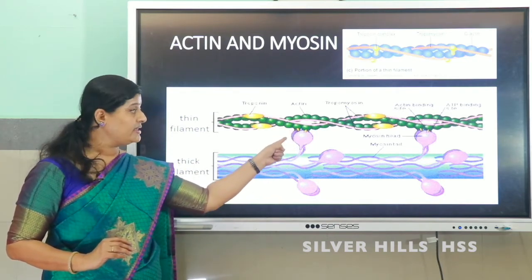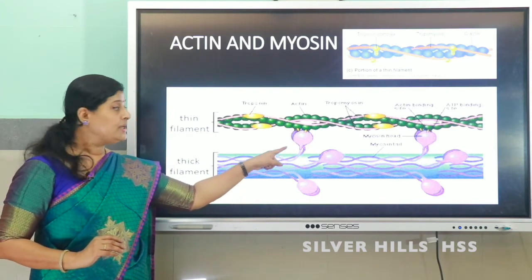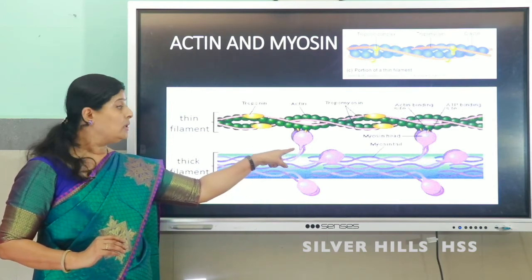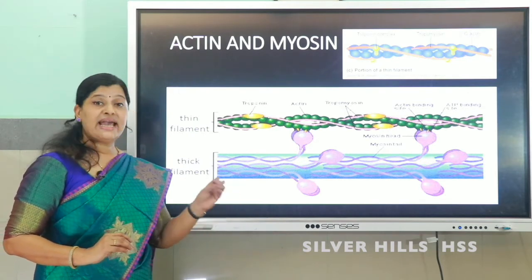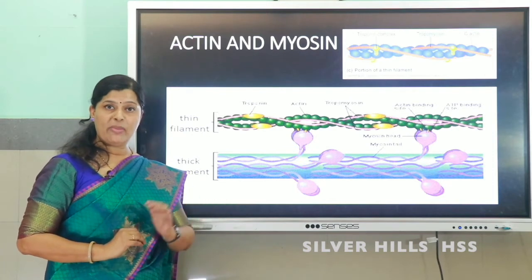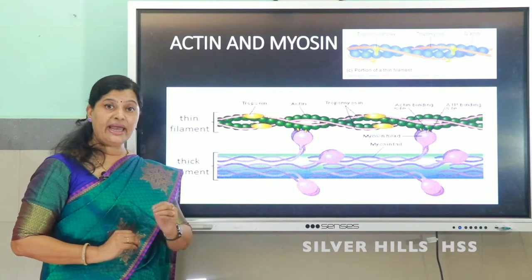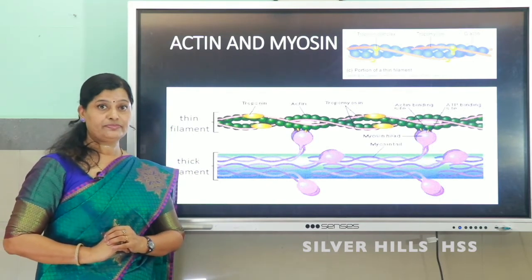You can see over here the head region and a short arm. The globular head and the short arm of myosin protein is called heavy meromyosin.